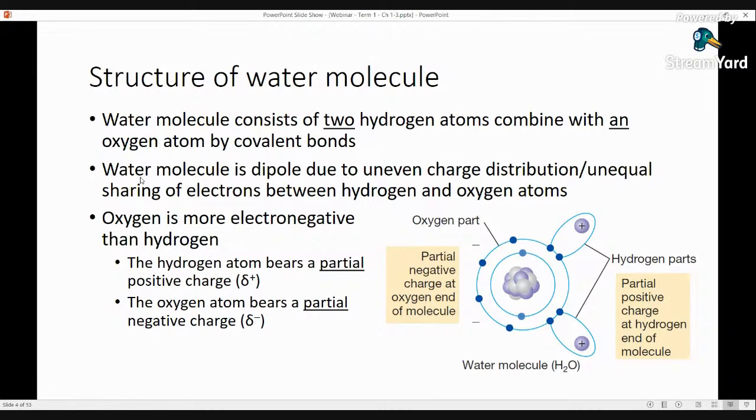Then students need to write that the water molecule is a dipole due to uneven charge distribution, or unequal sharing of electrons between hydrogen and oxygen atoms, as you can see here. Oxygen is more electronegative than hydrogen. This is what you need to write.